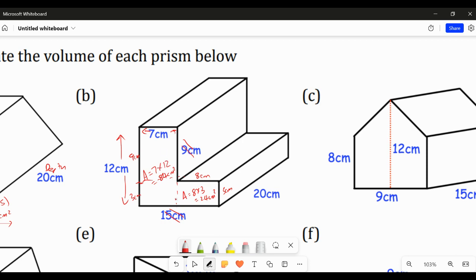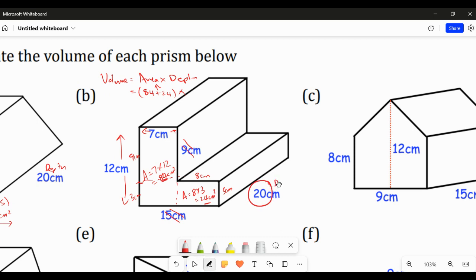So this cross-sectional area at the front, which is part of my volume formula, I need to calculate area times depth. Now that front area is going to be the sum of 84 and 24. So 84 plus 24 will be the area. The depth is a single value, just 20 in this case.